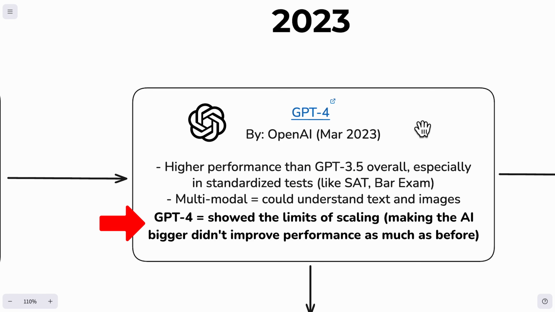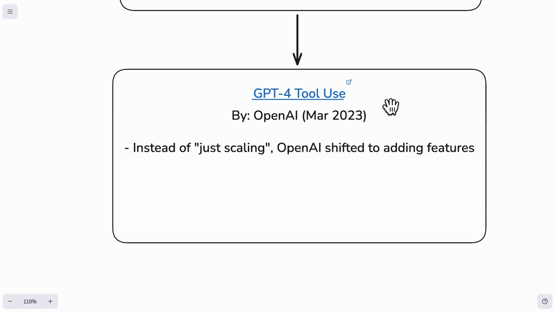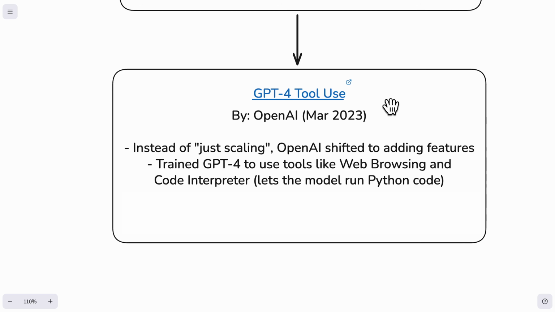However, GPT-4 started to show the limits of scaling. Simply making the AI model bigger didn't improve performance as much as before. So instead of focusing on just scaling, OpenAI shifted to adding features to make the AI more useful. They trained GPT-4 to use tools like web browsing and code interpreter, which lets it run Python code.